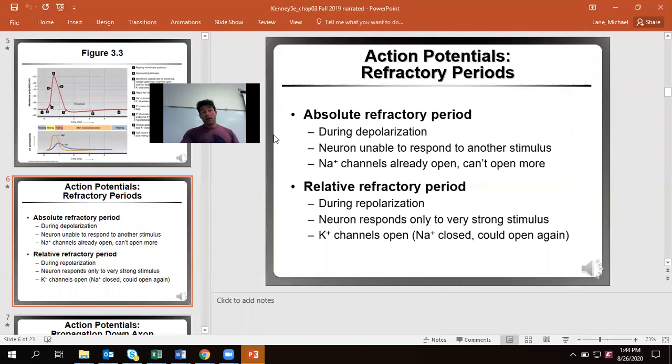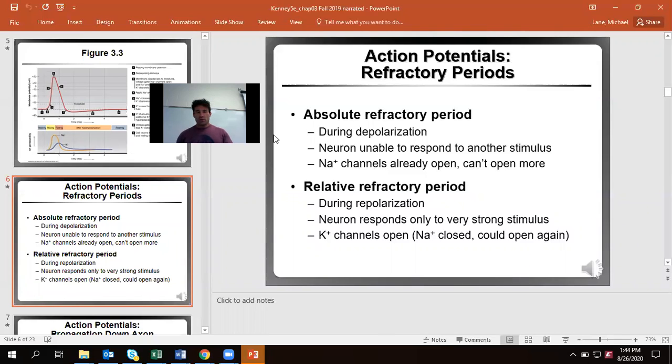Now, after we have that action potential, we are going to have what's known as a refractory period. This is a period during which it's either much harder to get an action potential generated again, or it's effectively impossible. The absolute refractory period is where it is effectively impossible.